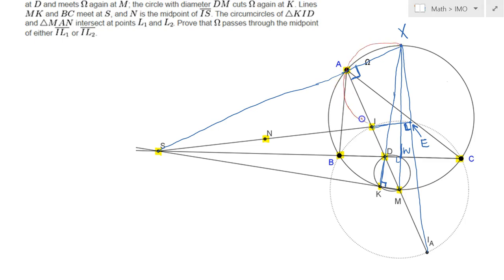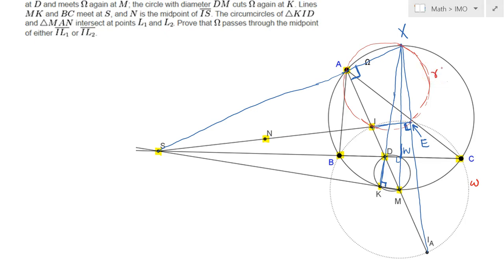If you see this circle here, that circle has diameter IX, and let's call the circle with center M as W, and let's call this new circle gamma maybe.